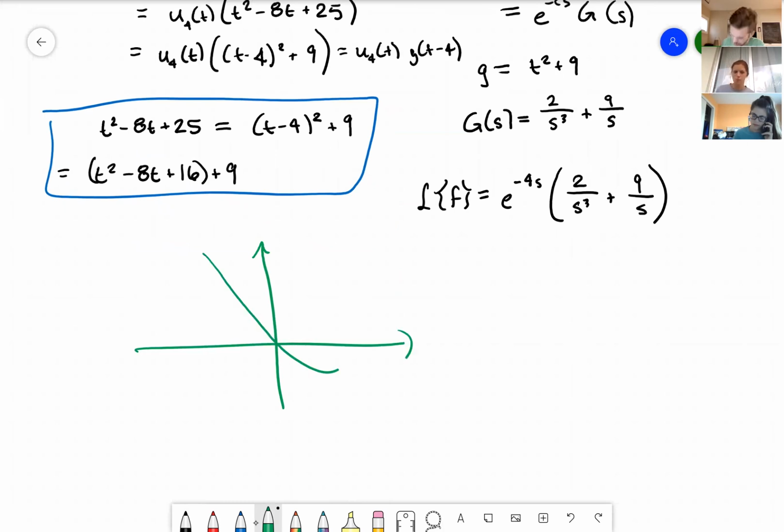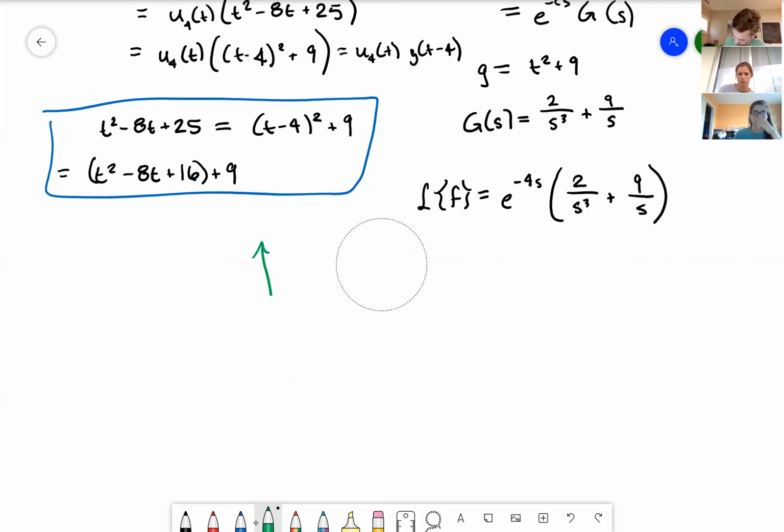So let's say we have some kind of parabola like this, right? And this is 4. What we want is, well, this function just starts at 4.